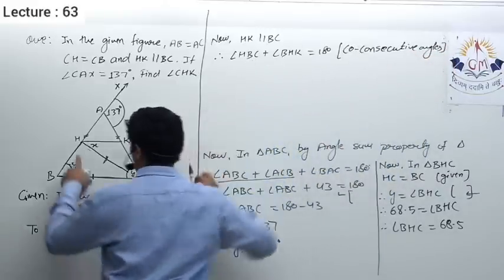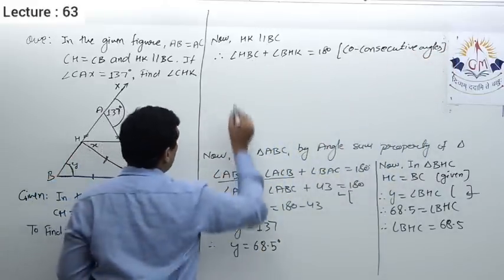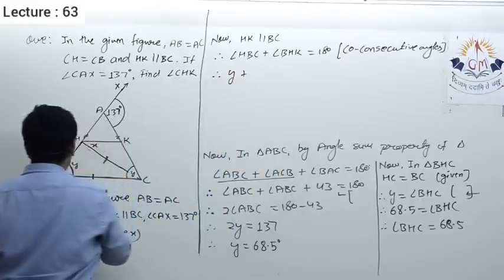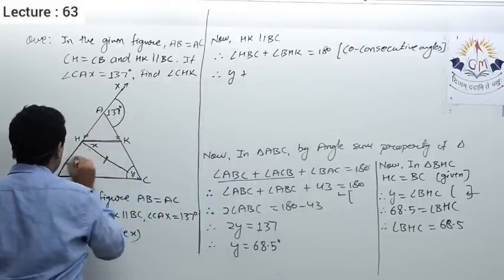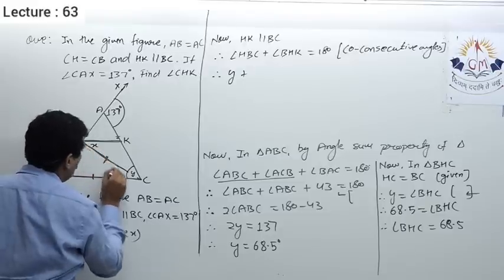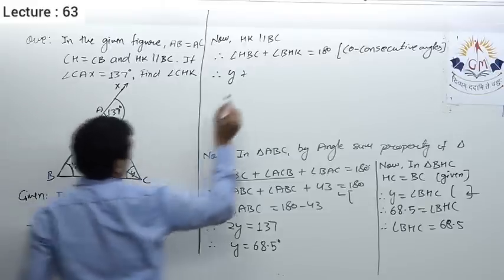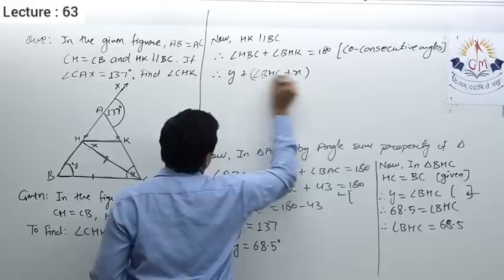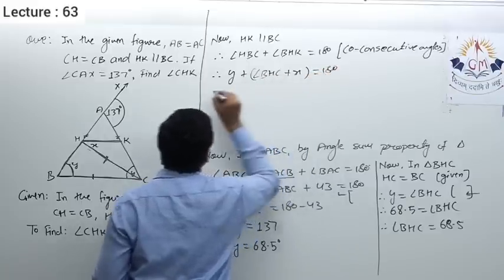Okay, now HBC equal to y and BHK, this BHK I am writing as BHC plus x. Angle BHC plus x is equal to 180.